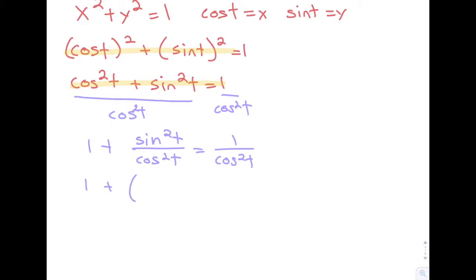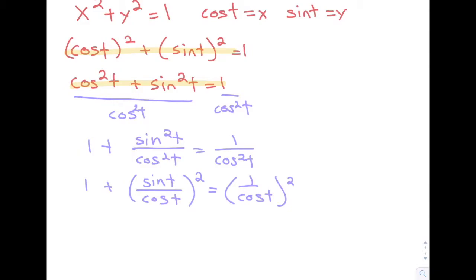Now I'm going to pull that square out to show you what's happening here: 1 plus sine t over cosine t, squared, equals 1 over cosine t, squared.